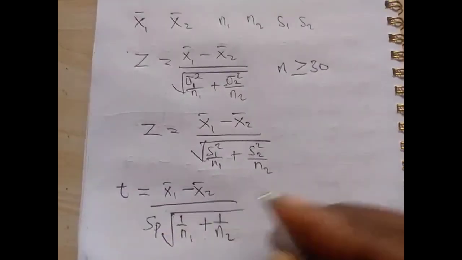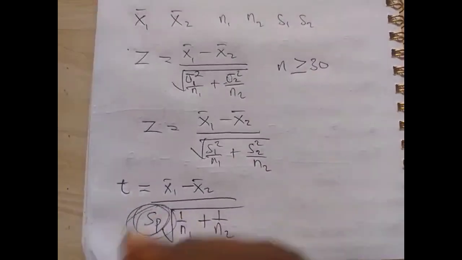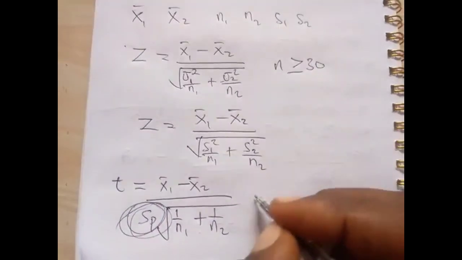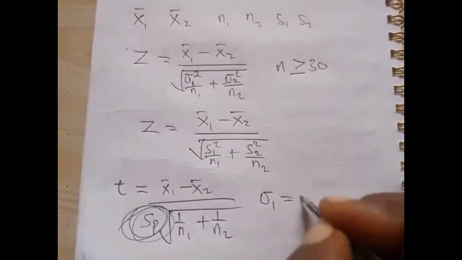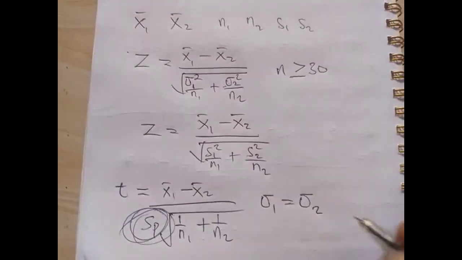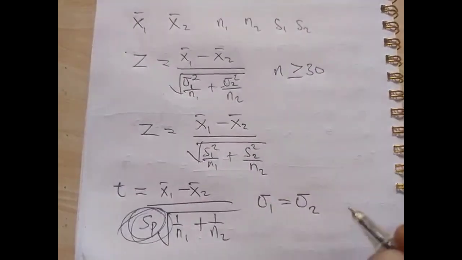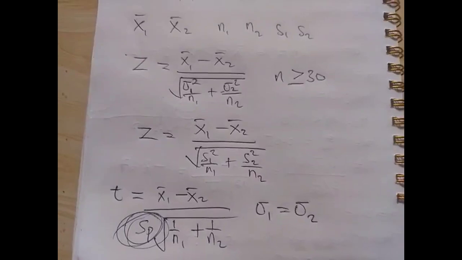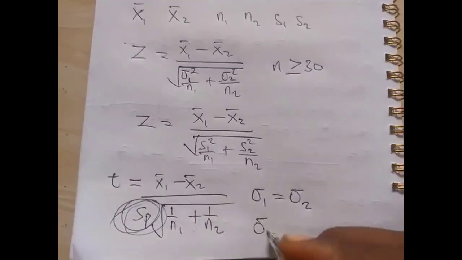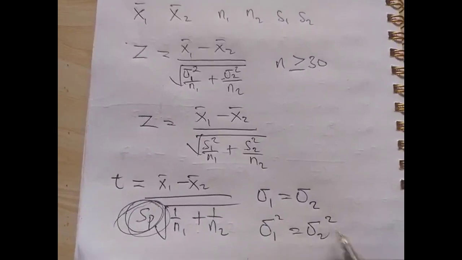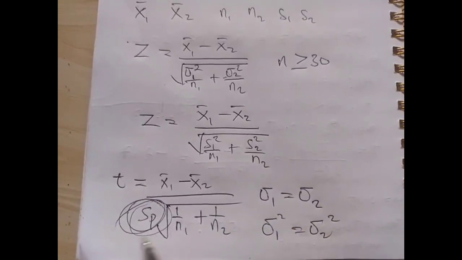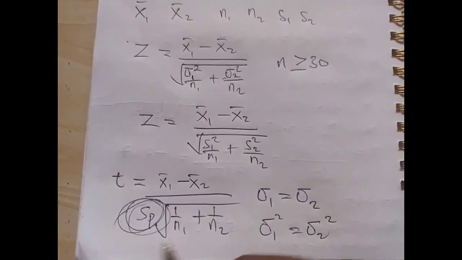We use this pooled variance especially when we are told that sigma 1 squared is equal to sigma 2 squared. Whenever this is assumed in a question, we use this.